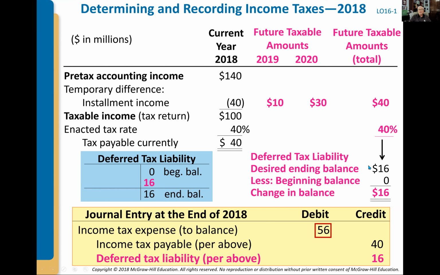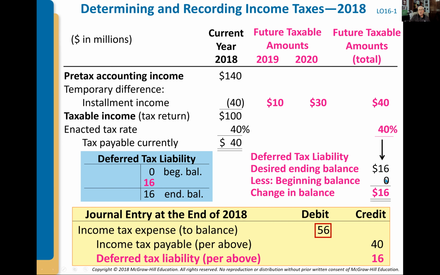Sometimes the desired ending balance will be less than the beginning balance, and we could record a debit in this journal entry. What we're trying to do is calculate the ending balance for deferred tax liabilities and deferred tax assets, and then look at our balance in those accounts and see what journal entry we need.